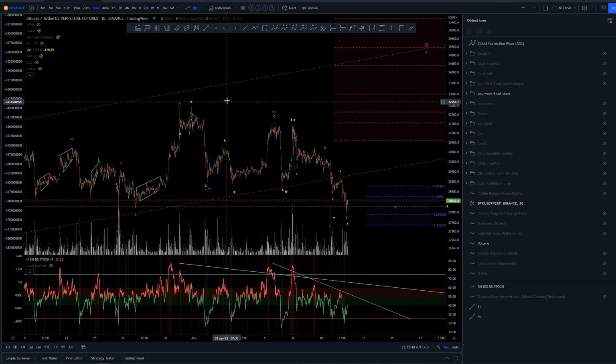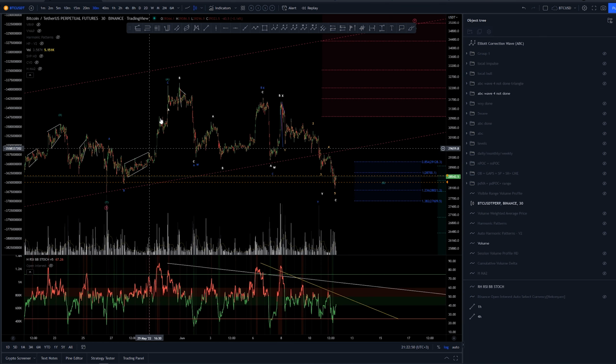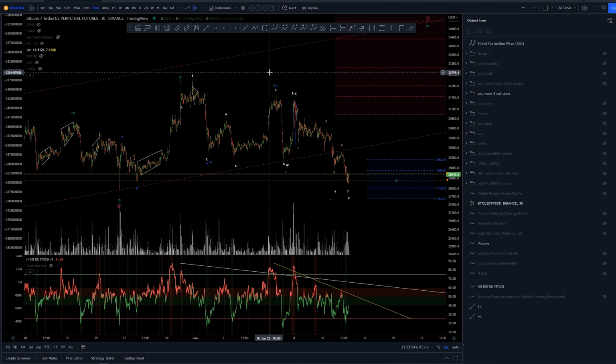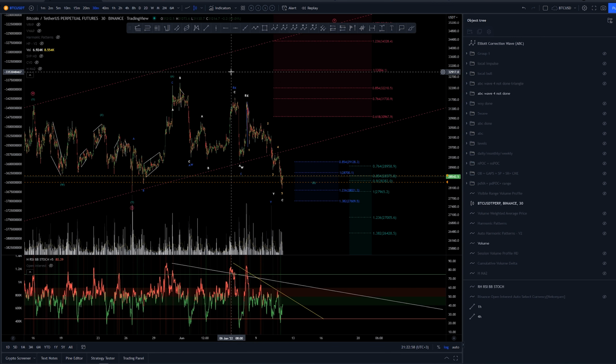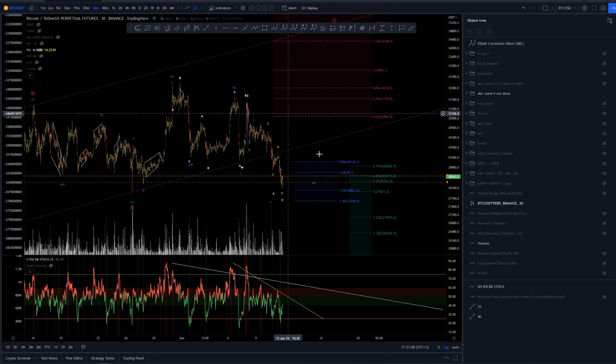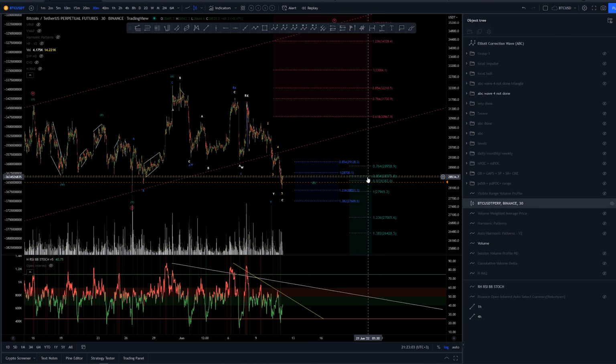So for this one, again, A, B, and C, this would be 1, 2, 3, 4, 5. Fits still very well. Again, now instead of the zigzag, we would be looking for a flat pattern. And we have had that possibility now that we got to the 90% retracement here.